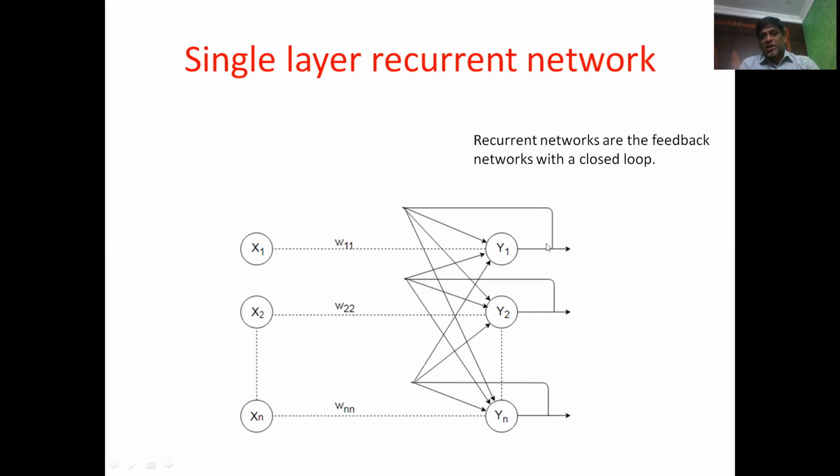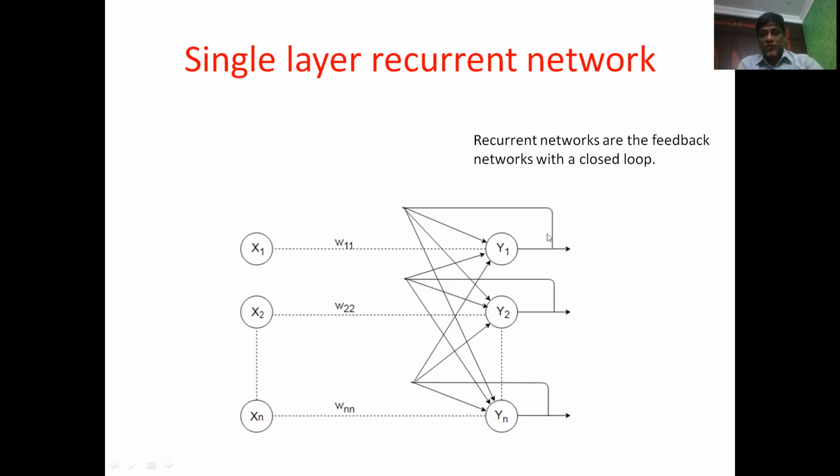That means output of a particular neuron in a particular layer is connected back to all neurons of the same layer. We'll see what will be the benefit we are going to get if we connect the feedbacks back to the same neurons later in our fourth unit. So as of now, just understand the architecture, the difference between feed-forward networks and these recurrent networks.